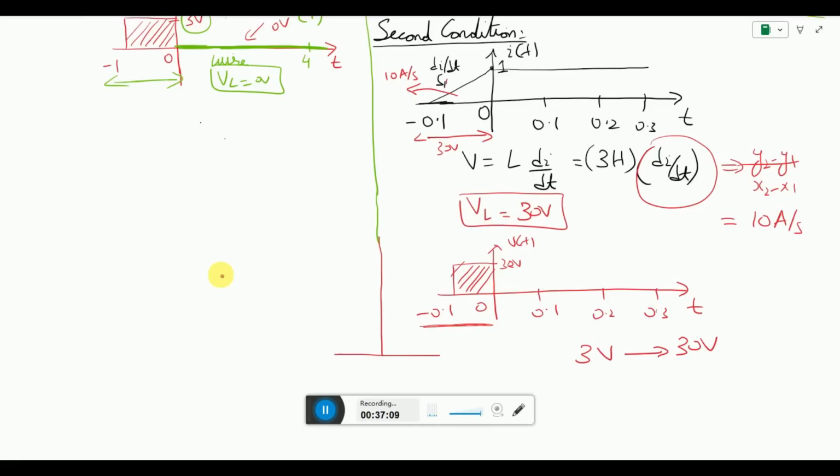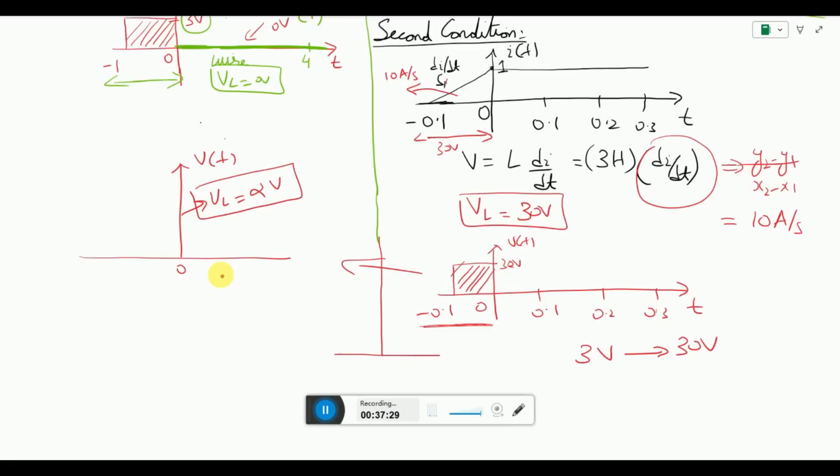This is the sudden change that we want to avoid, because if I further change the current, the voltage will reach a value of infinity volts, and this is the open circuit condition that we want to avoid.